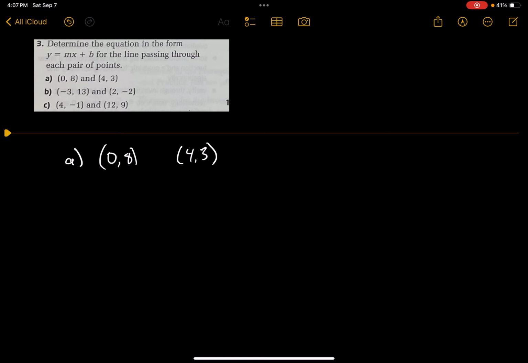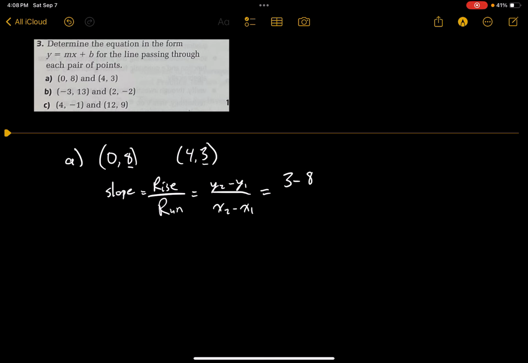So the way you do it is, first you'd find the slope. The slope is equal to rise over run, which is equal to y2 minus y1, if you remember the formula, over x2 minus x1. And that's equal to, these are the y values, 8 and 3.